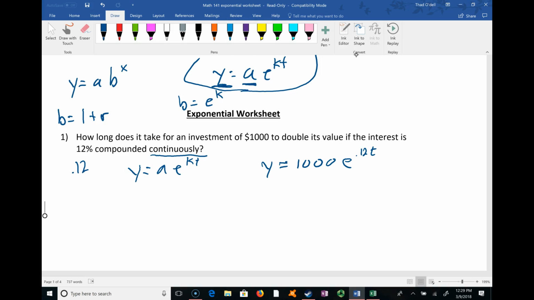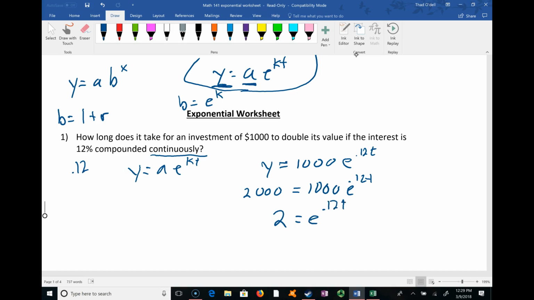Okay, so then to answer the question, they said, how long does it take to double? Well, since we start out with 1,000, doubling it would mean I'd have 2,000. So what I'm going to do is put 2,000 in the place of y, and then I just have to solve this equation. So I first divide by 1,000, I get 2 is equal to e to the 0.12t.